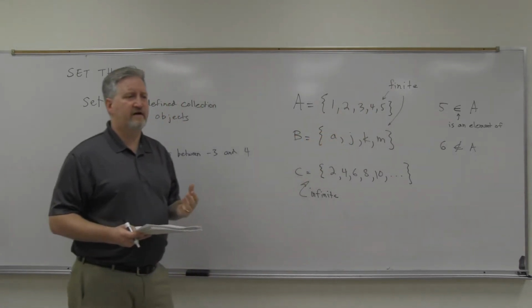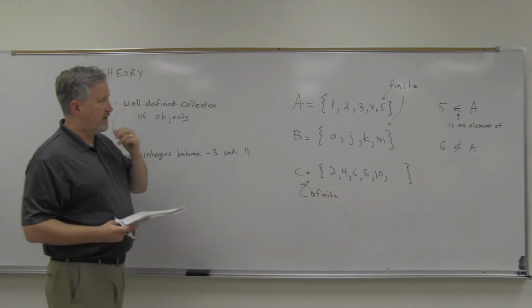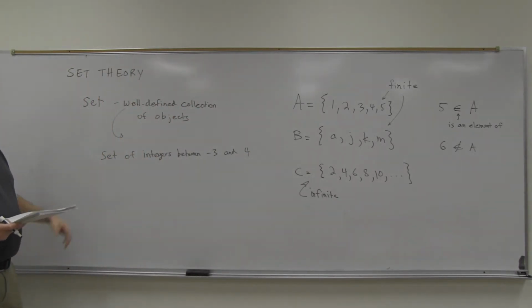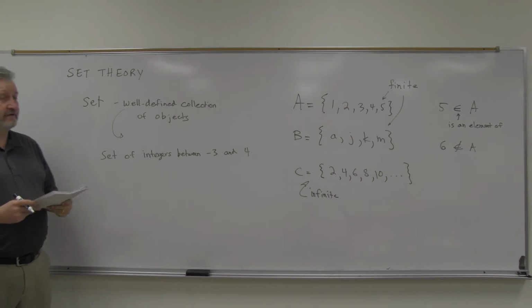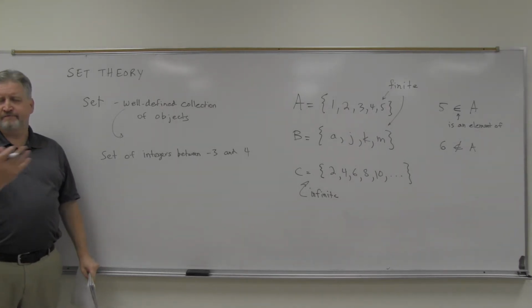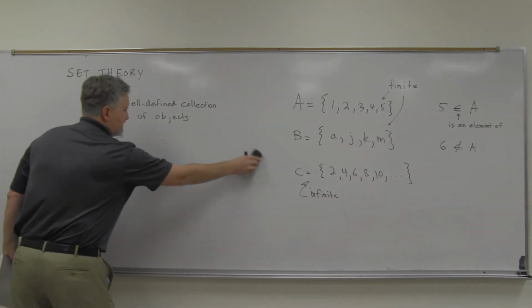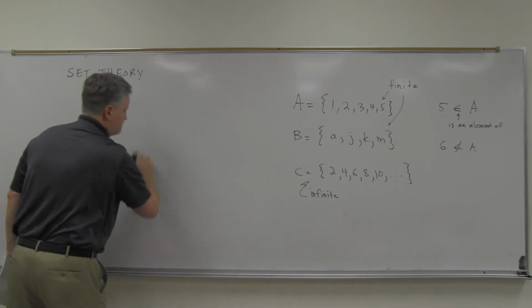So I could give that a word description, but we're probably more comfortable with the listing, but there are word descriptions. Now, there's a combination of the two, and again, just FYI here, it's called set builder notation.